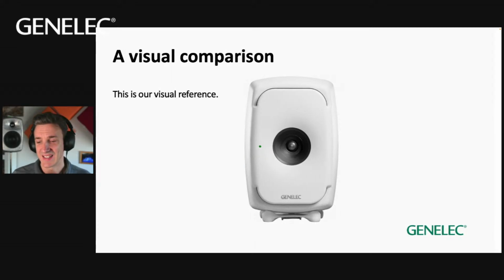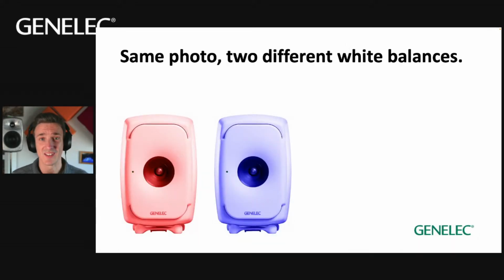And somehow this is something we should do in sound as well, because if we don't take care of it, our sound can get, once more a visual term, colored. So for example, you see the same photo here with wrong white balance. On the left side, it now looks really reddish. On the right side, it's more going to bluish.